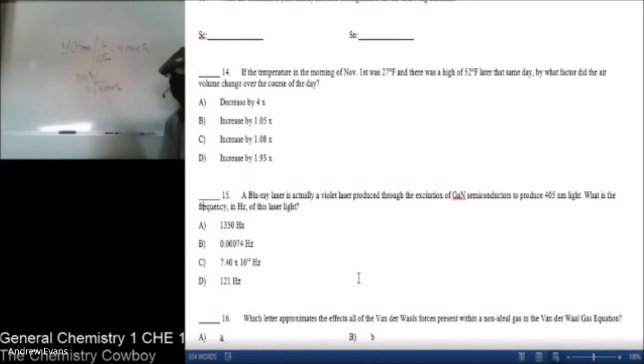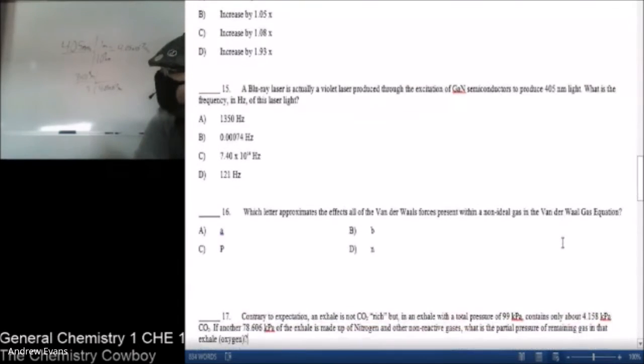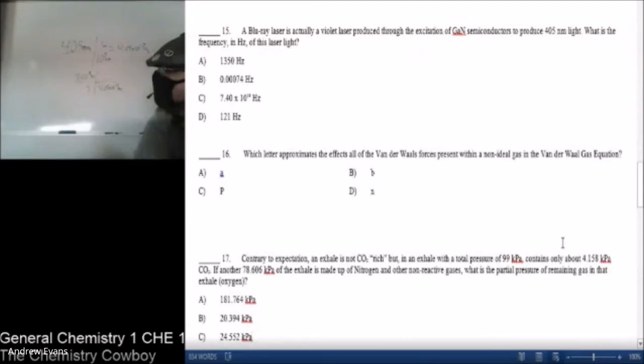I'm always going to give that to you. So you would get 10 to the 14th inverse seconds, which you can turn into 10 to the 14th hertz. So that is that one. Wavelength of light. That's a gas question.